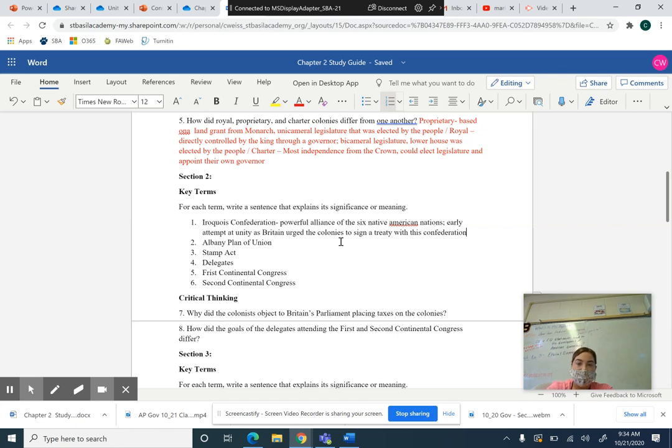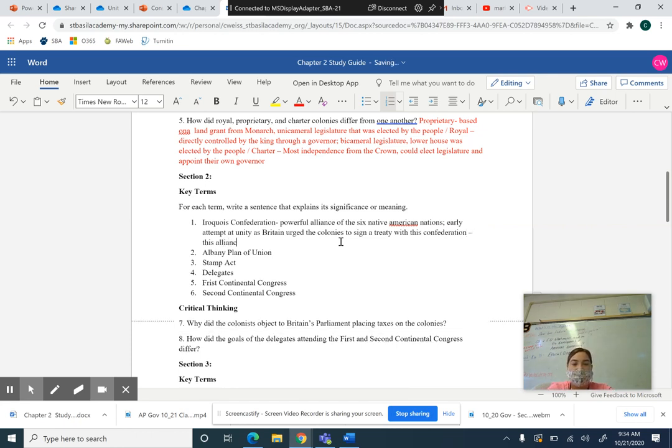Basically, this alliance lasted for close to 200 years, where there was peace between the colonists and the Iroquois Confederation. Make sense? Basically, these are early attempts at unity that we saw in the colonies before we got together for the American Revolution. That's the significance of looking at this.